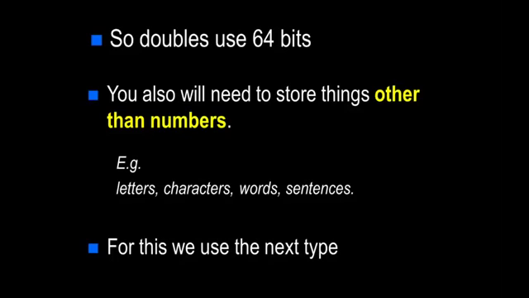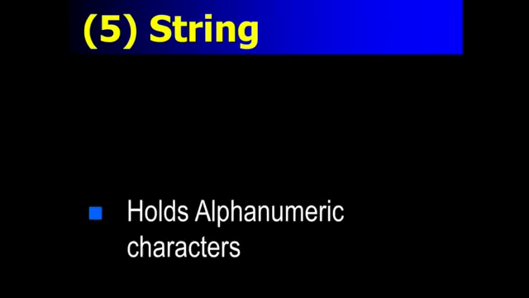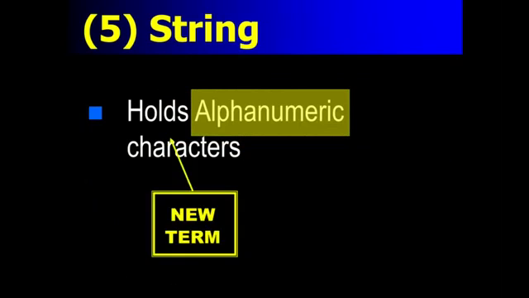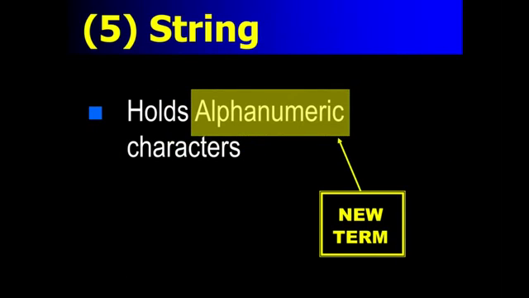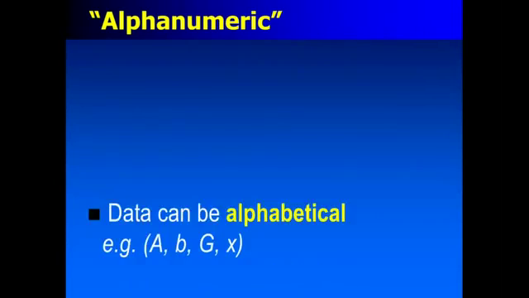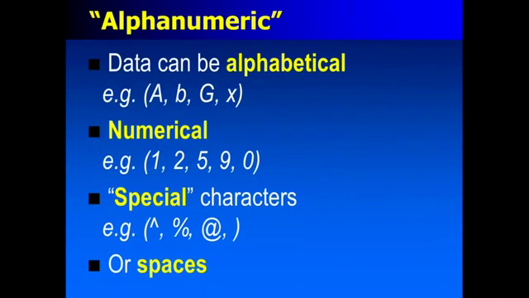All right. Now, the world is more than numbers, so we need to store, like I said, letters, characters, stuff like that. For that, there's a thing called the string. The string is a string of characters. It's a string of what are called alphanumeric characters. So strings can hold essentially anything, but it doesn't hold a value. It holds characters. So it can be alphabet characters, like A, B, capital, lowercase, doesn't matter.